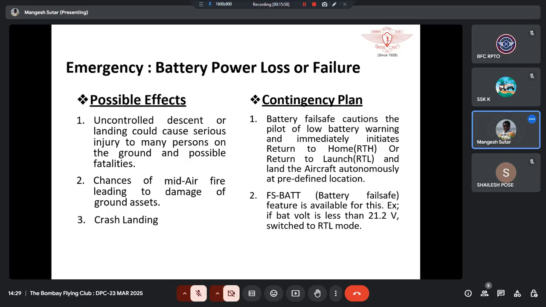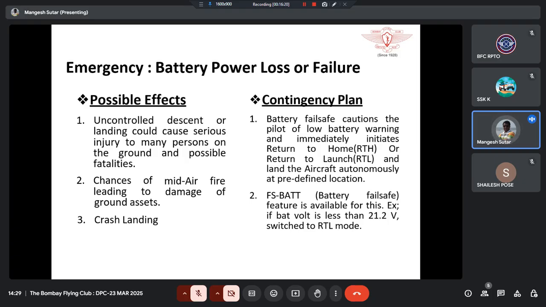But something could be done about a failure in the battery or loss of power. A lot of the time, we normally fly with a 100% battery charge, and we are advised to fly only up to 50% of our battery. So we should always fly within that range.